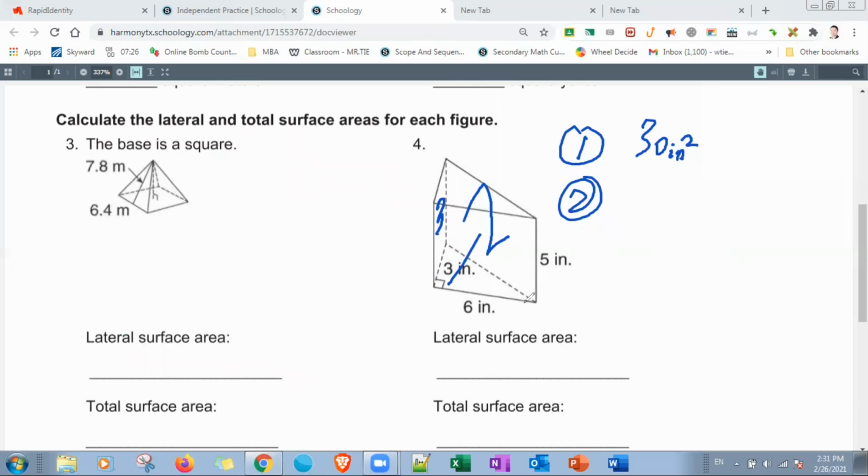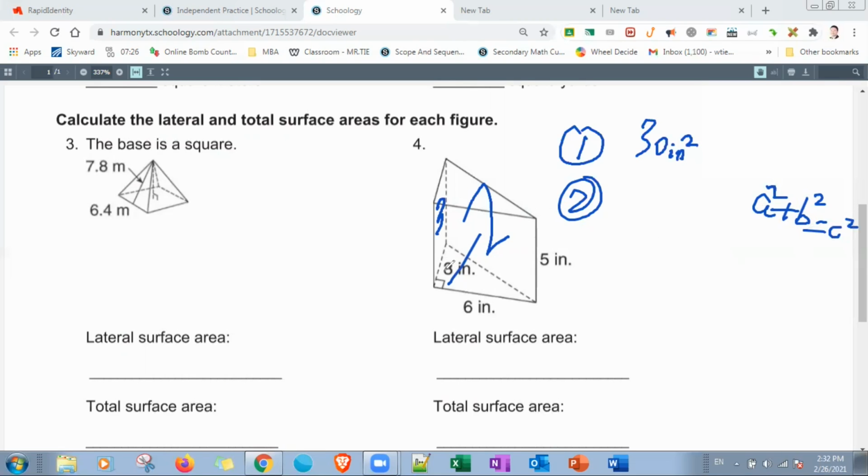Second panel, this part. Right here, we need to use this and multiply that. Well, I don't know the last side. You just have to use the Pythagorean Theorem to find it out. I don't think there's any other way. I assume you should know the Pythagorean Theorem. If you don't remember, it's a squared plus b squared equals c squared.